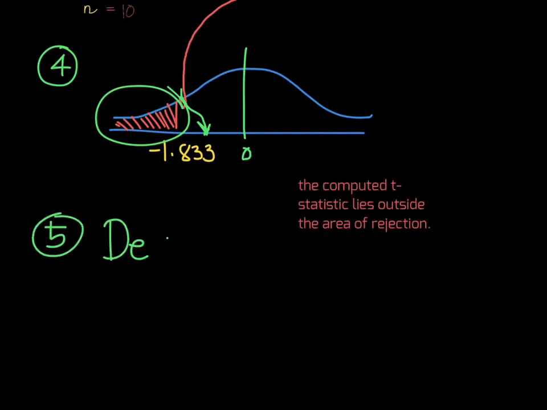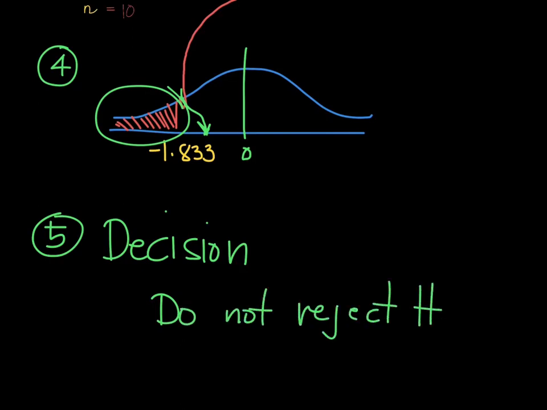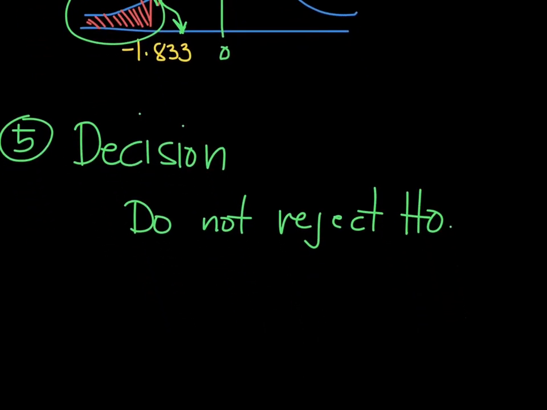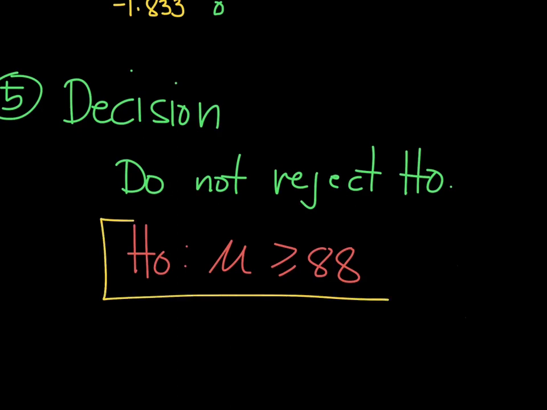Which makes the decision to be, if the number is outside the critical region, the decision is do not reject H0. So this means that the null hypothesis, which is the mean is at least 88, should not be rejected.